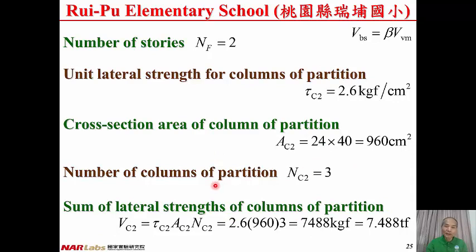And the number of columns of partition NC2 equal to 3. So that the total lateral strength contributed by the columns of partition VC2 equal to tau C2 times AC2 times NC2 equal to 7.488 ton-force.